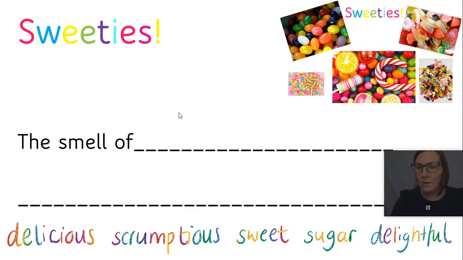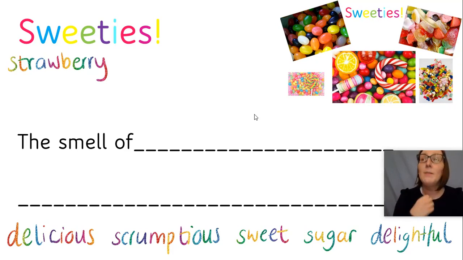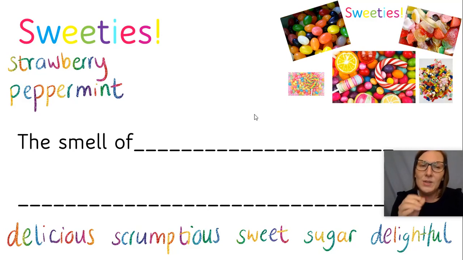So I thought, often I smell sweets that are strawberry, but they're always like a fruity flavour, aren't they? So there might be strawberry or raspberry or blueberry or cherry or orange. And then I thought sometimes as well, there might be pepperminty. You know, that minty smell like on humbugs and things like that.